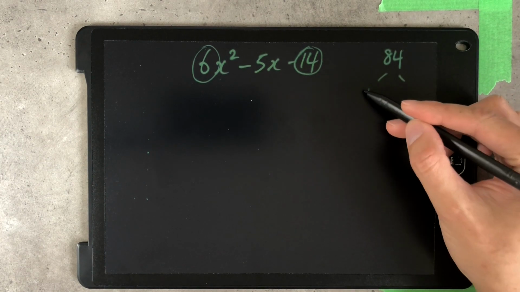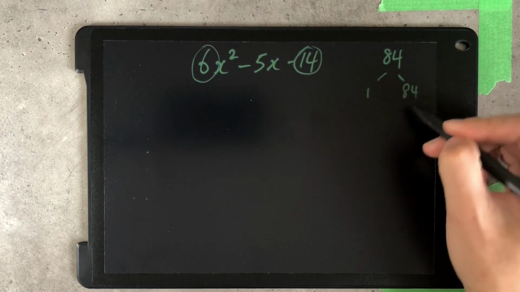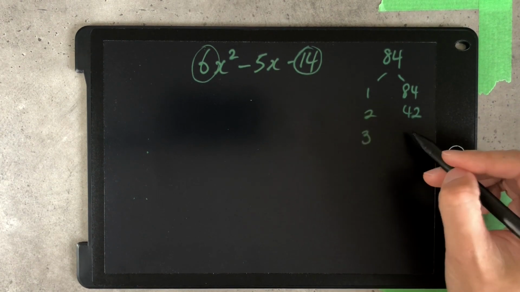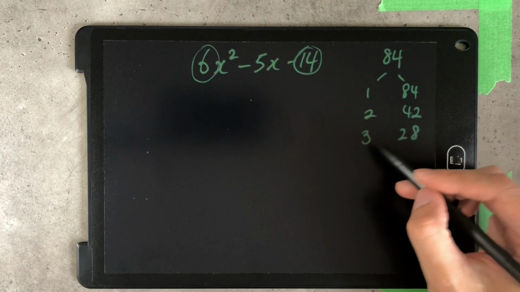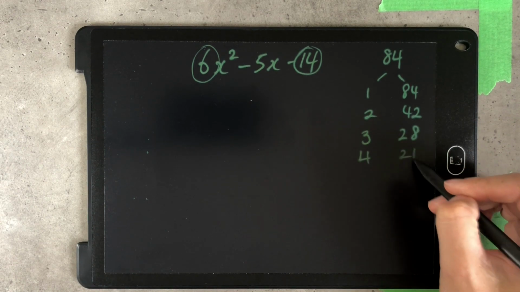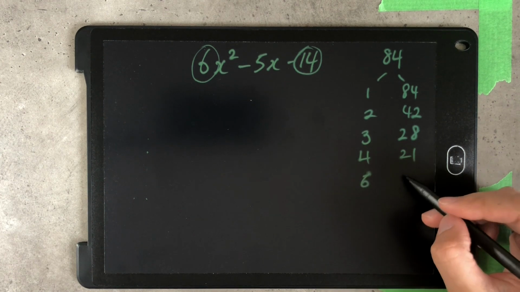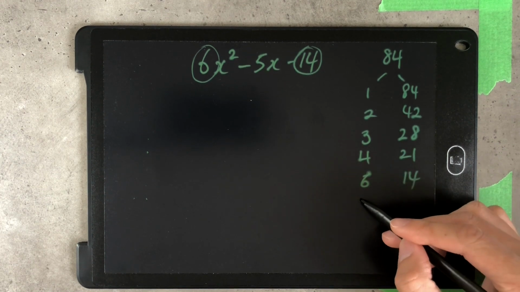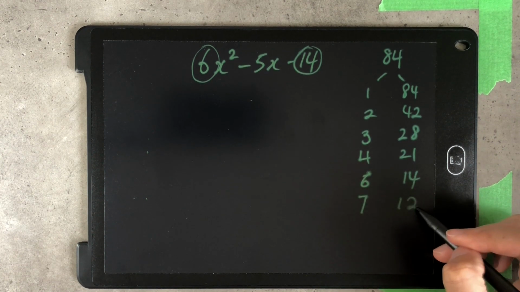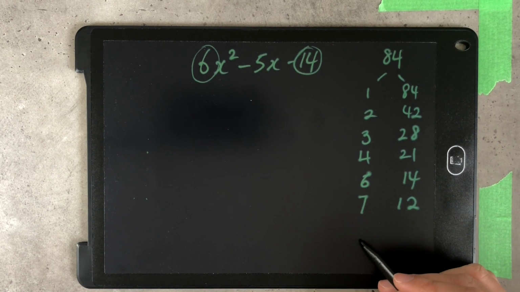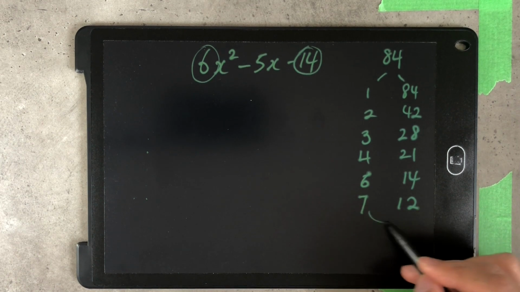So we start with 1 all the time. 1 and 84, 2 and 42, 3 and 28, 4 and 21. And no 5, so 6 and 14, 7 and 12, and there's no 8, no 9, no 10, and no 11. So that will be it.